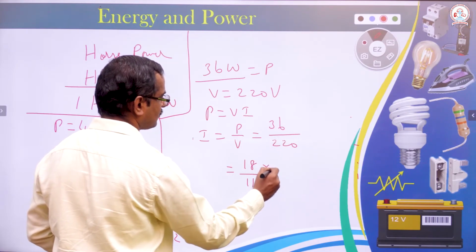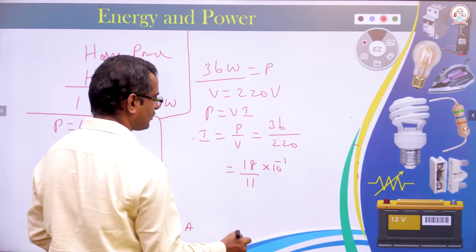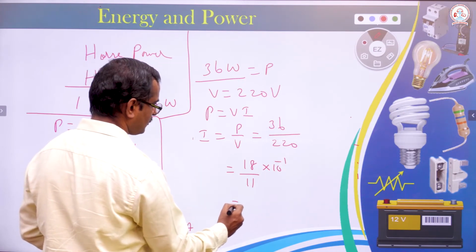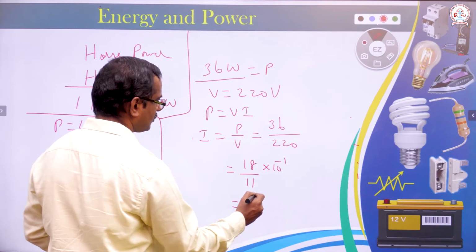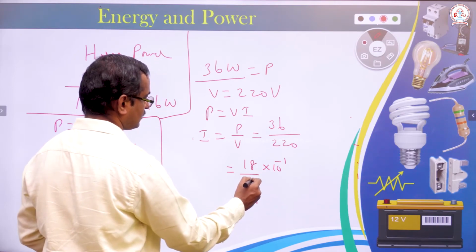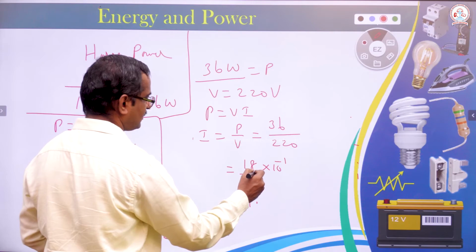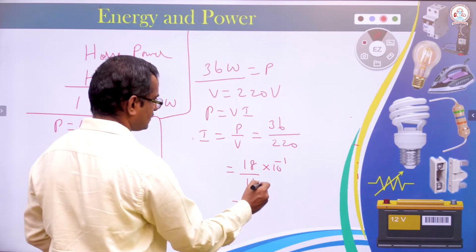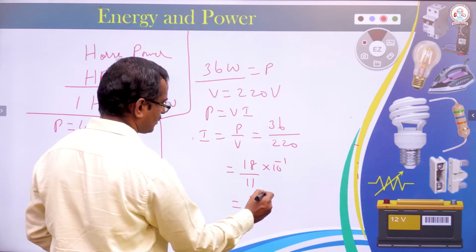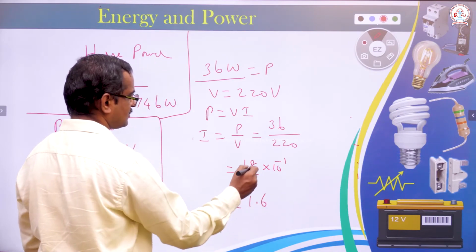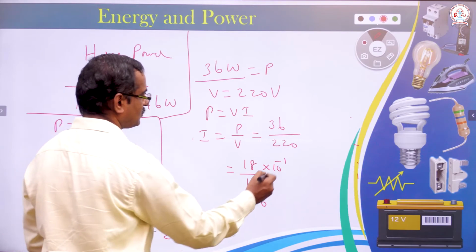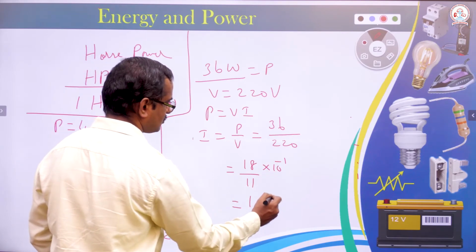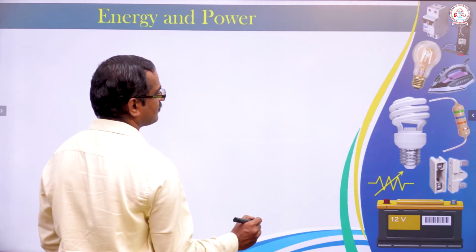And 10 power 10, if it goes up, it's going to be 10 power minus 1. That is equal to 1 point something. If you divide, you will get something around 1.6, and this 10 power minus 1 is there.